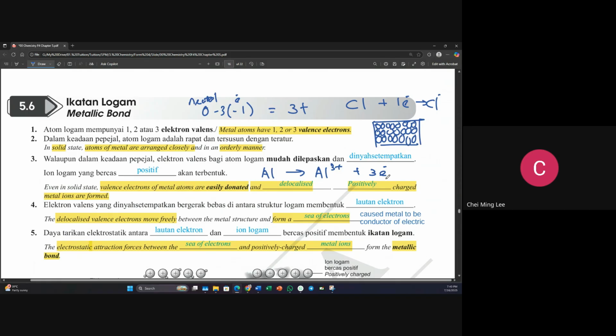So this will form positively charged metal ions. Then the delocalized valence electrons will move freely between the metal structure and form the sea of electrons. This causes the metal to be a conductor of electricity, because the sea of electrons can move around.